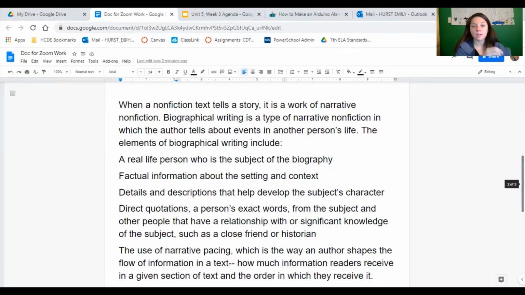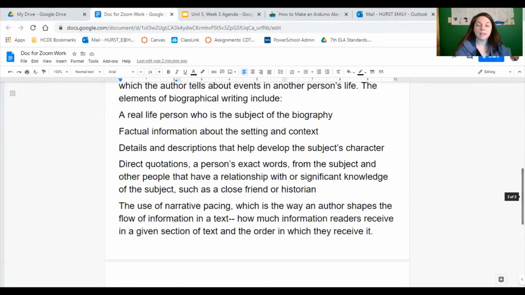So today we're going to be learning specifically about how the structure of the text, or the structure in this case of the biography, contributes to the development of ideas in the text. And that's important because if we can think about why an author chose to structure their text the way they did, we're going to be able to really understand it better. And that's our entire goal as readers.